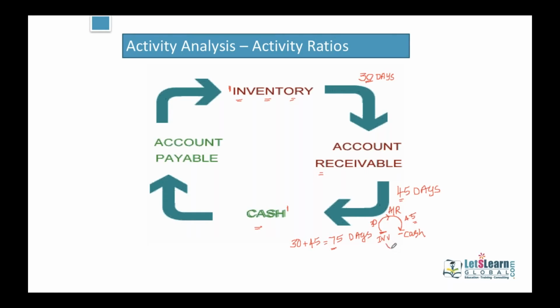So we see inventory turning into cash in 75 days time, which is called the operating cycle.